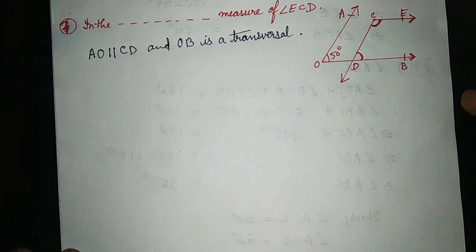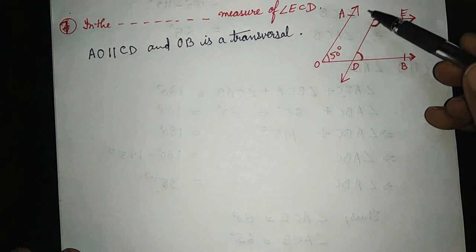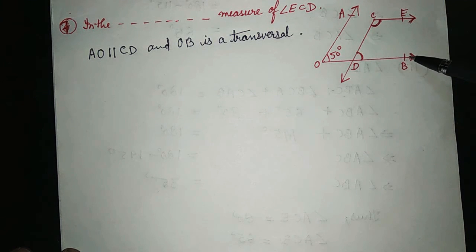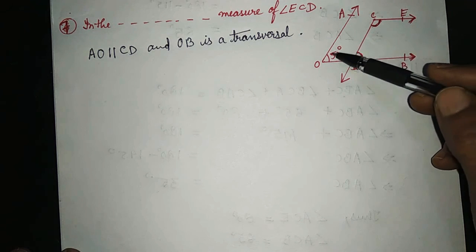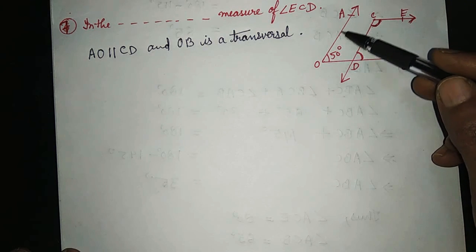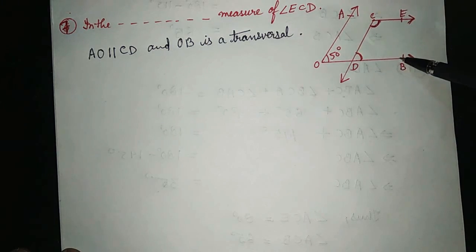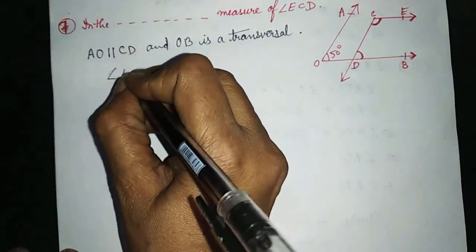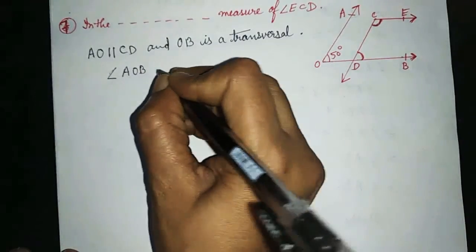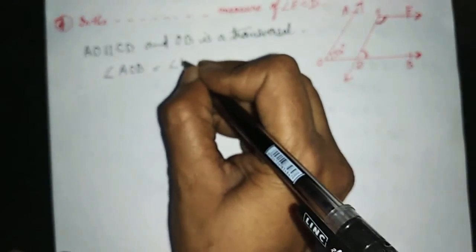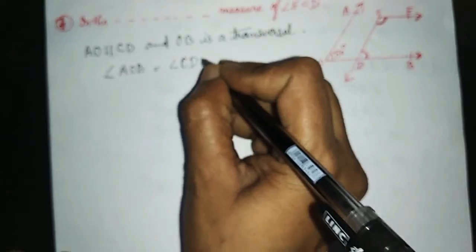If AO is parallel to CD and OB is a transversal, then measure of angle AOB is equals to angle CDB.